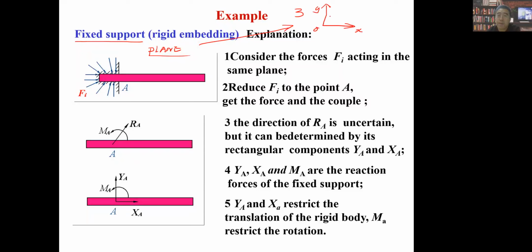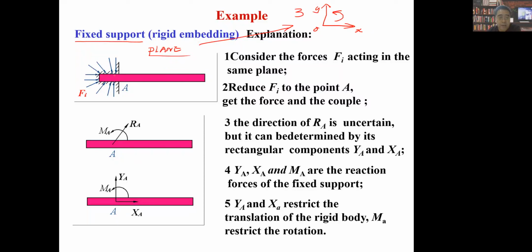The third one is rotation around some axis which is perpendicular to this plane, right? So if this is a fixed support in the plane, then all 3 freedoms are prohibited, constrained, right? So this bar cannot move a little bit.